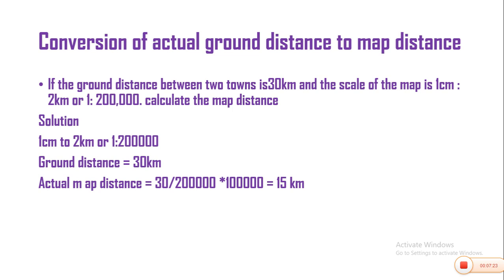Solution. 1 cm to 2 km or 1 is to 200,000. Ground distance is 30 km. Actual map distance will now be 30 over 200,000 times 100,000, and that will give us 15 cm.